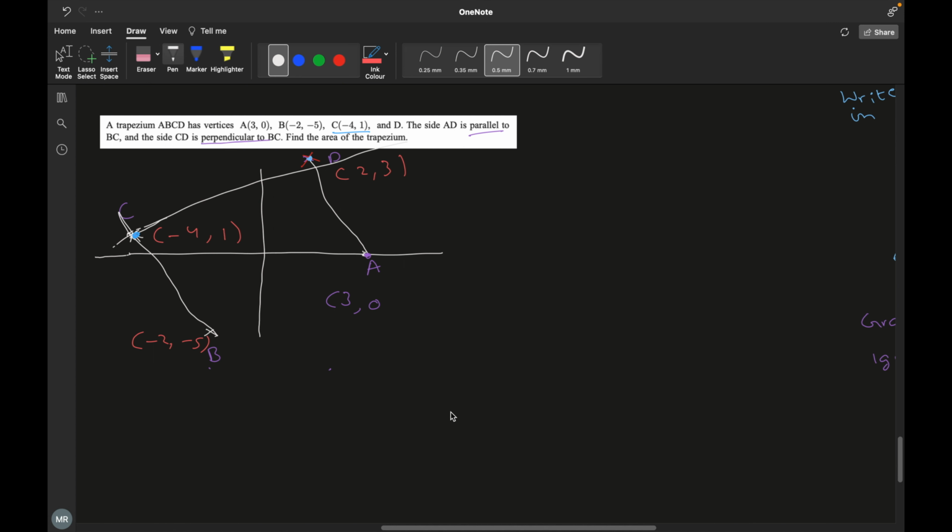Okay, now let's draw a more accurate version of the trapezium so we can calculate the area.